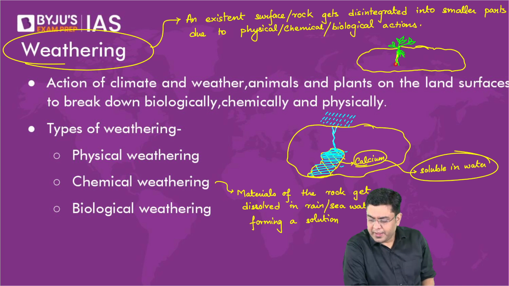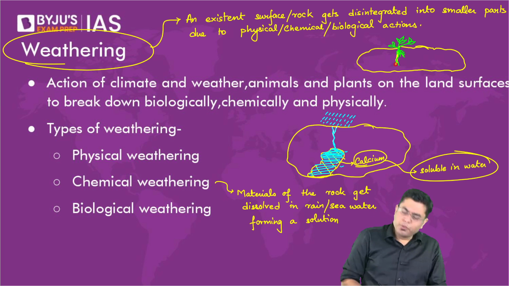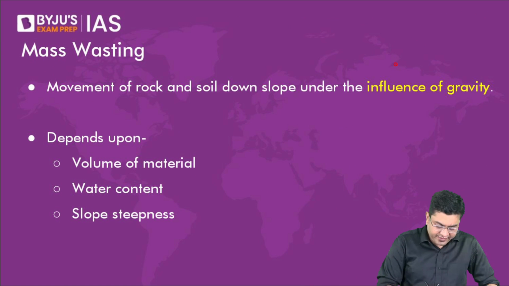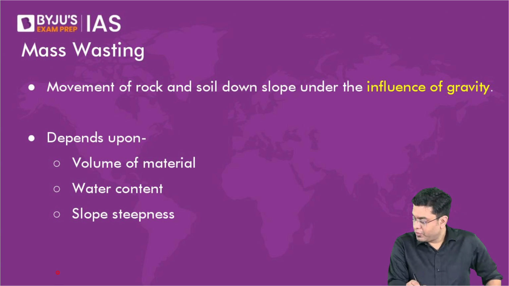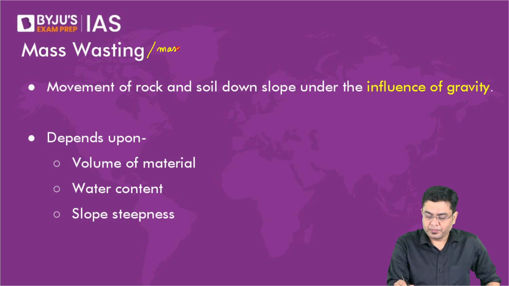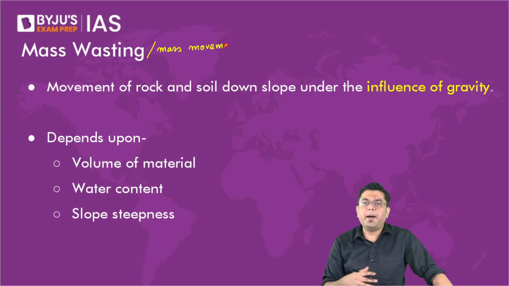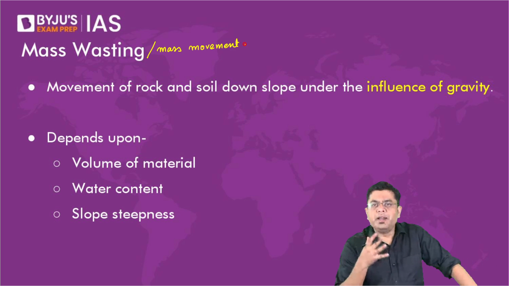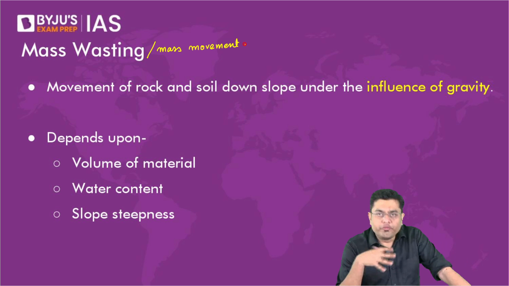Right? Now, after this, we move ahead to the portion of mass wasting, which is also referred to as mass movement. Where you have a bulk movement, or movement in large quantums of materials, they start moving in large quantities.